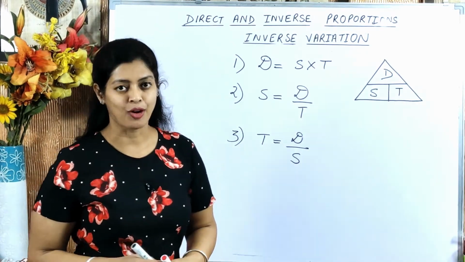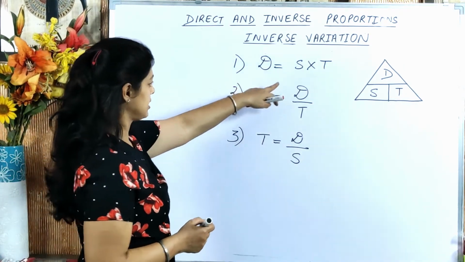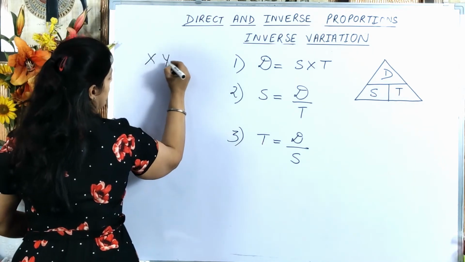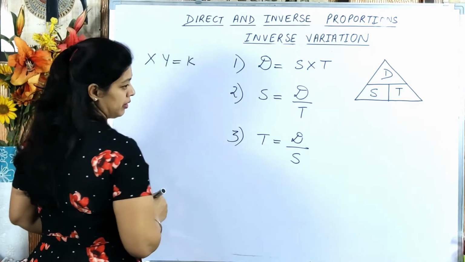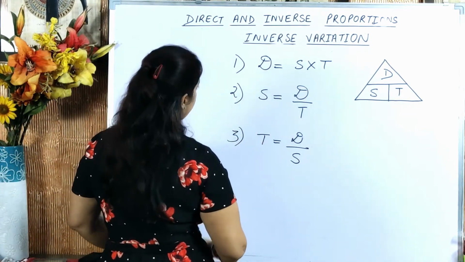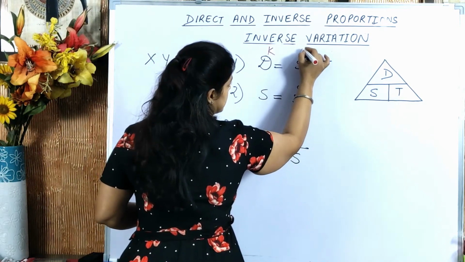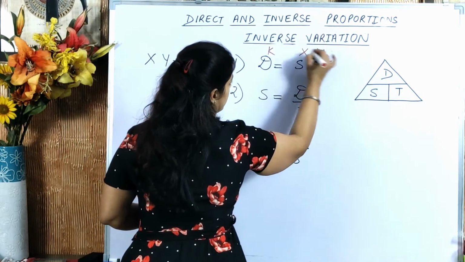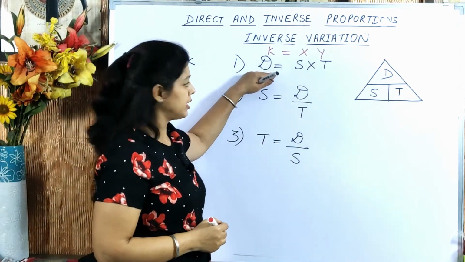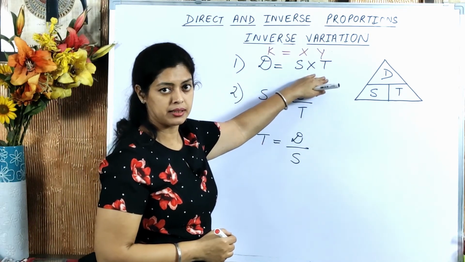Now if we compare these formulas to direct and inverse variations, in the first case, in case of inverse variation, we have x into y or xy is equal to the constant k. So if we consider this distance as the constant k, if we keep the distance as constant and take speed as x and time as y, we can see that for the same distance, if the speed increases, it will take less time to reach the distance.